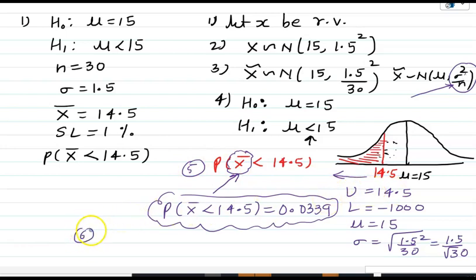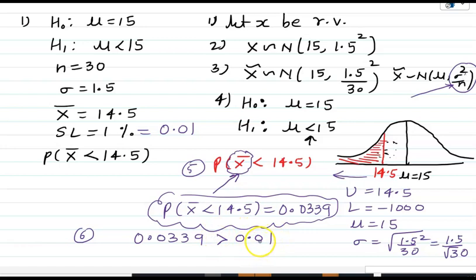And the sixth step is to compare the probability with your significance level. Significance level is 1%, that is 0.01. Now you need to compare whether this probability is greater than or less than the significance level. It is greater than 0.01.